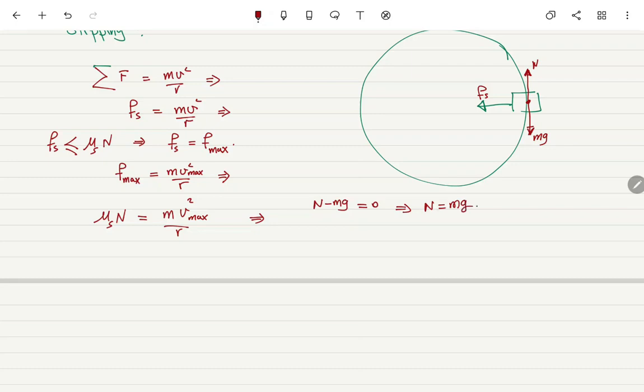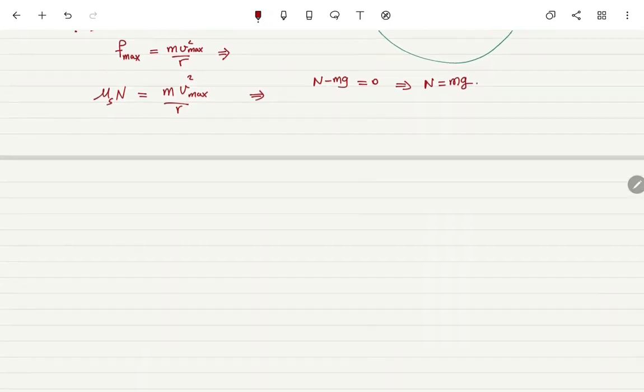You substitute this back in here: mg mu s equals m v square over r, mass with mass, and the maximum speed is equal to the square root of r g mu s.